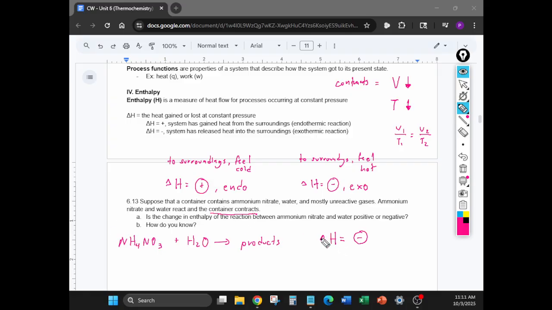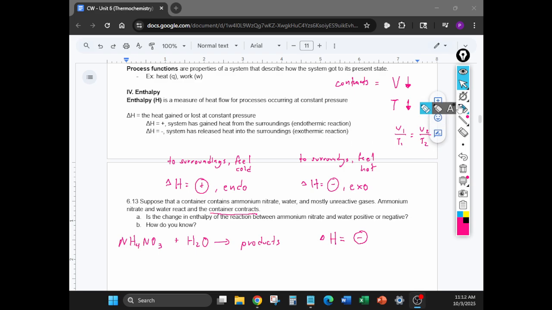So this will be our answer for A. Change in enthalpy is negative. And then how do you know? You can say that if the gases are contracting, that means it's getting colder, or the temperature is decreasing. If the temperature is decreasing, that means the enthalpy is going to be negative.